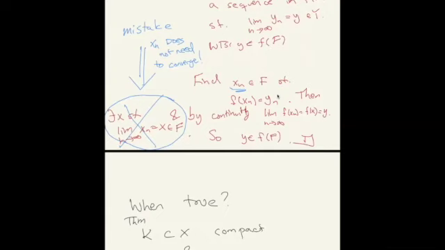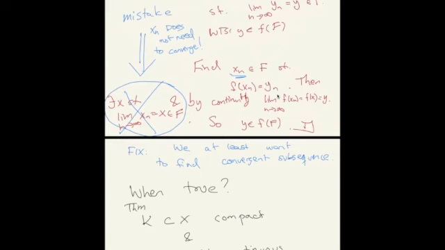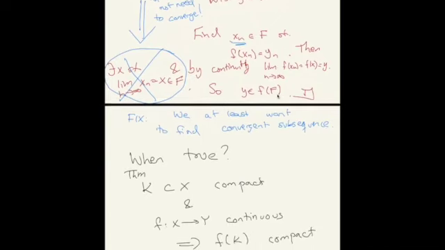But we would like to make this proof work. So we want to fix it, we at least want to find a convergent subsequence. This is often the case: something doesn't have to converge, but sometimes if you can make a subsequence converge, that's good enough.